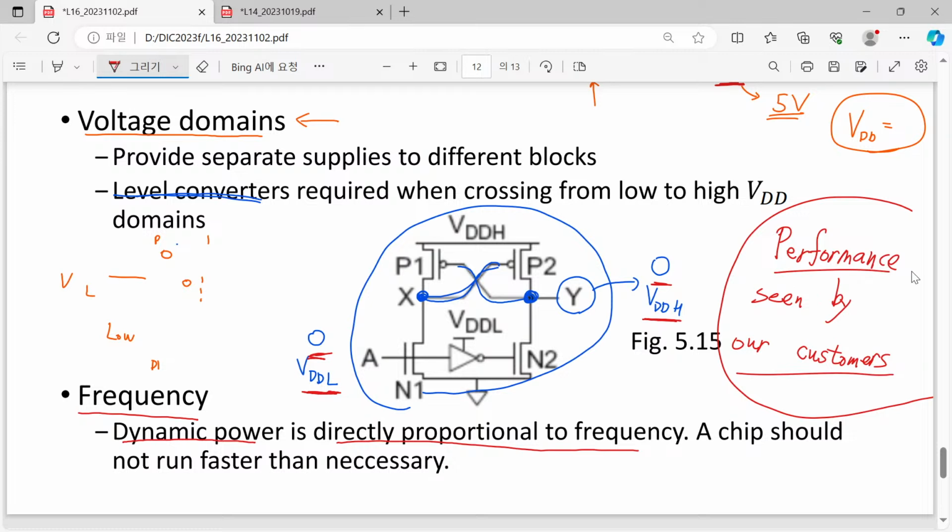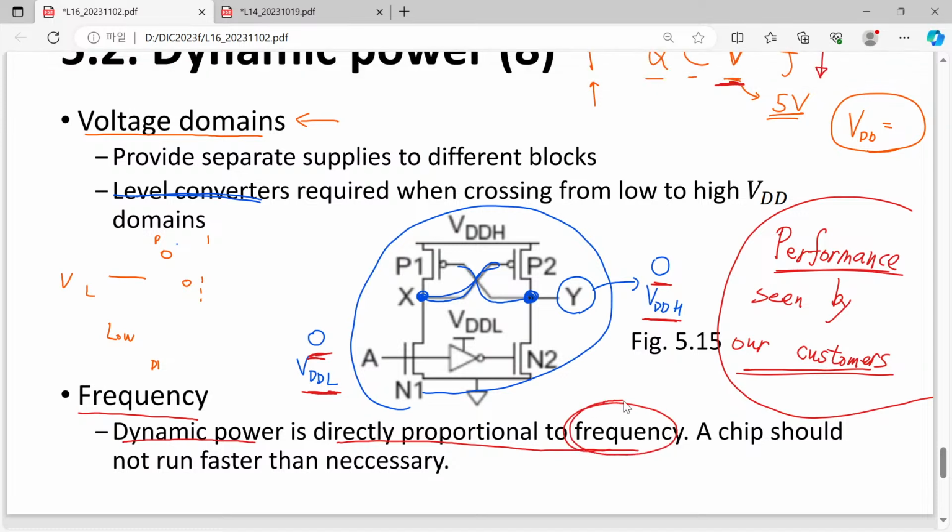Not internal performance, but performance felt and seen by our customers. Although we have a certain operational frequency, that frequency is the one of the most critical path.